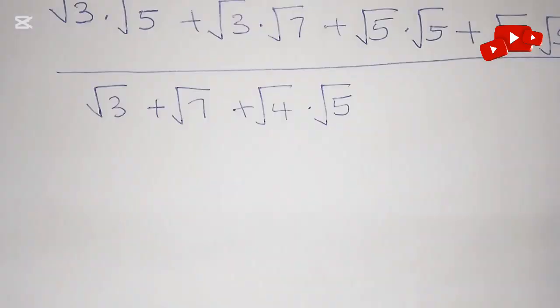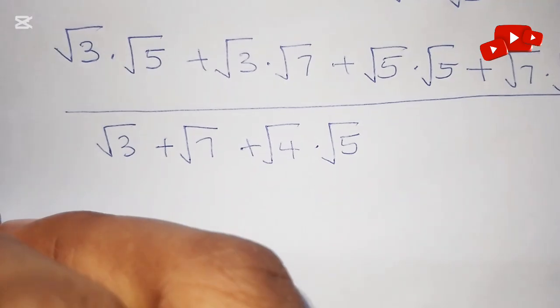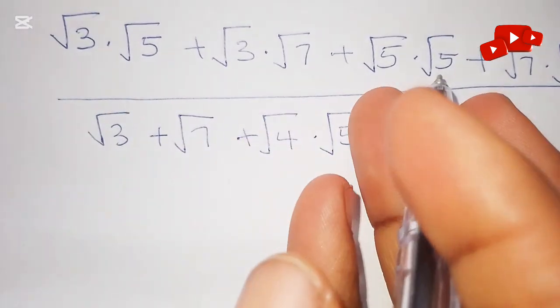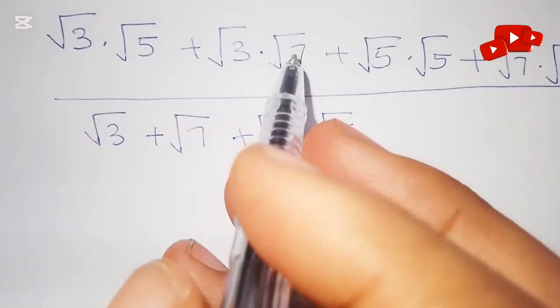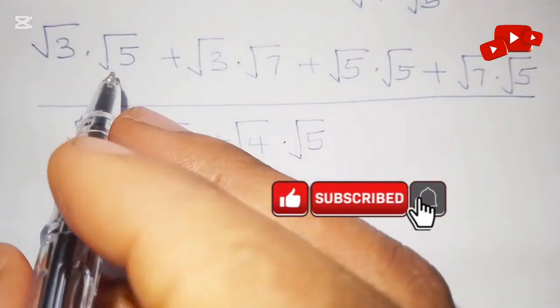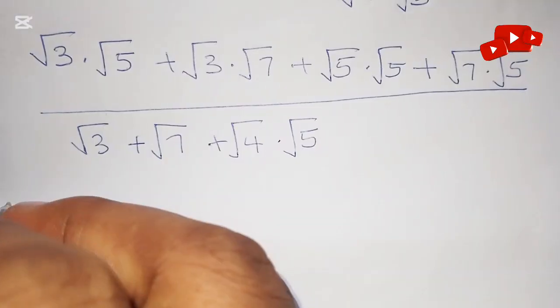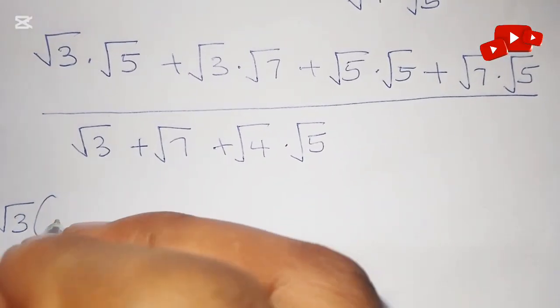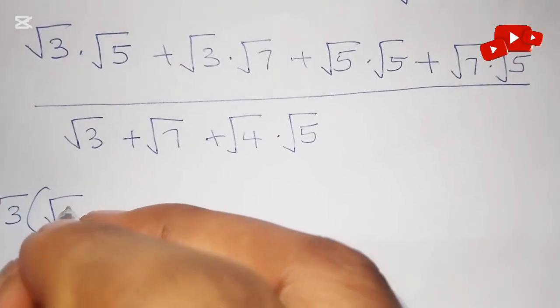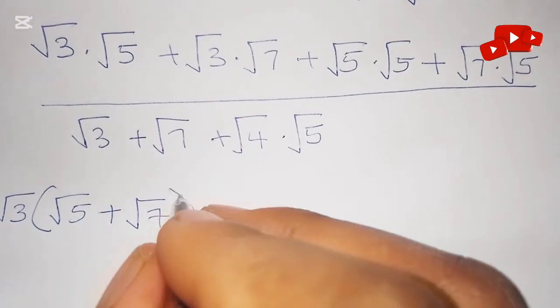Alright, here we're going to do something like factorizing by grouping on top. So this to this and this to this, okay? What's common here and here is root 3. So we have root 3 in bracket root 5 plus root 7.